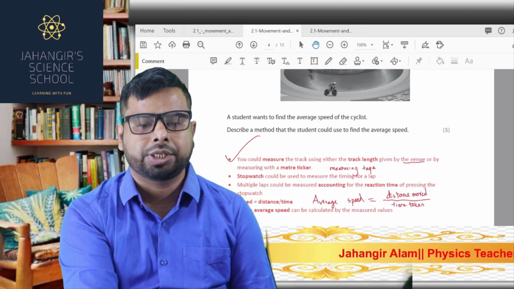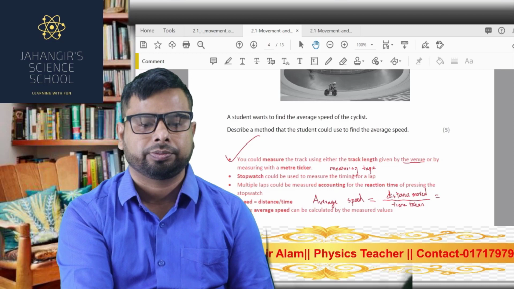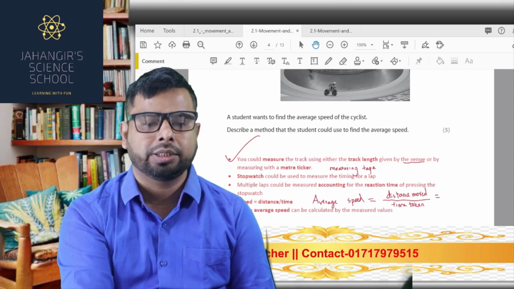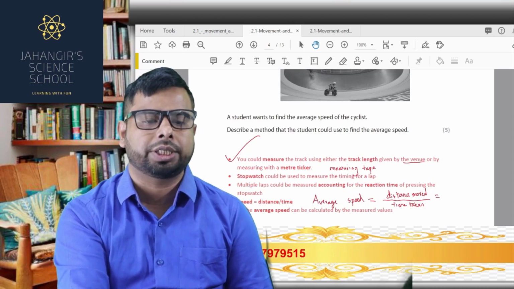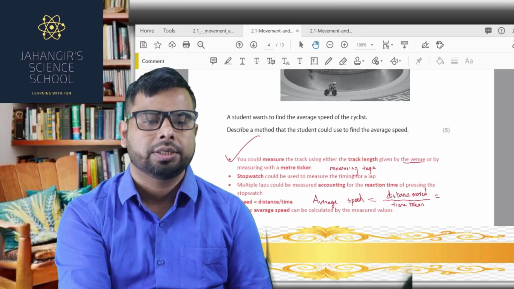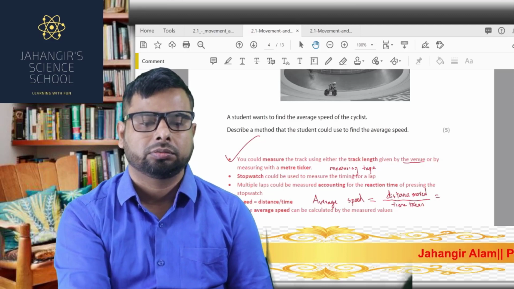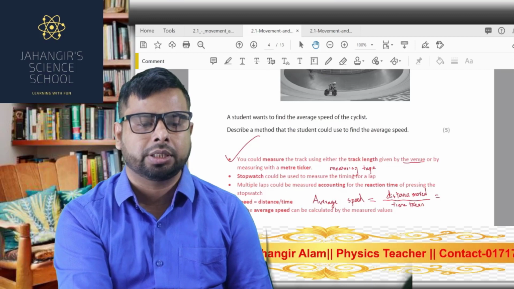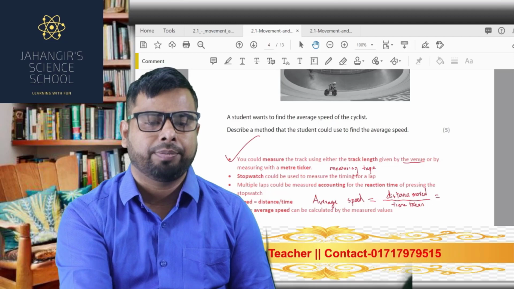Here, distance moved means the circumference of the circular or round track. So the average speed can be calculated by the measured values. So 5 marks here.